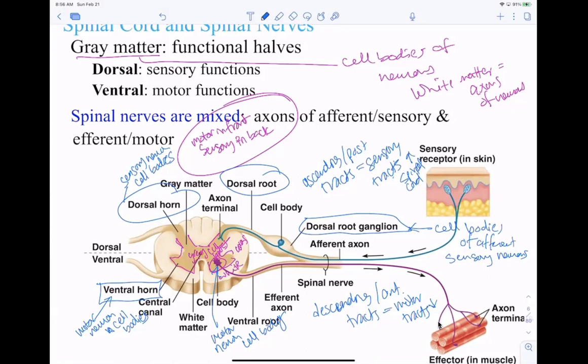With sensory, as you can see, you have sensory receptors, long axon, cell body, another axon, and then the axon terminals are going to synapse then inside the dorsal horns on a second sensory neuron that will go up. The axon will go up the ascending tracks.